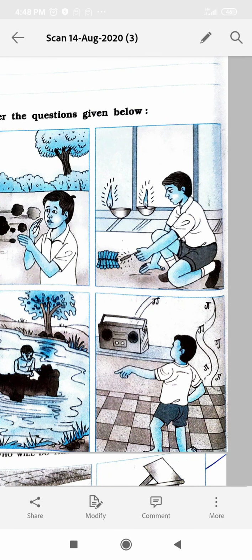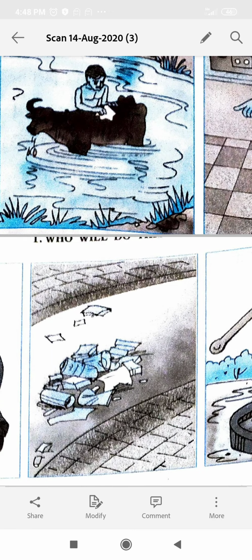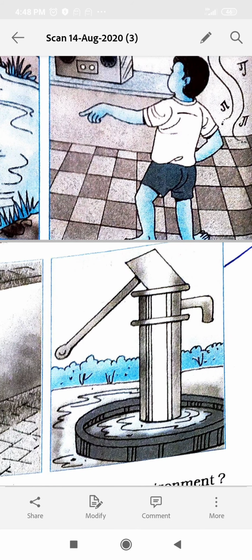And then the boy playing music at high volume is also harmful for the environment. Then throwing garbage on the road is also harmful for the environment. And the last one, water filled near the hand pump is also harmful for the environment.